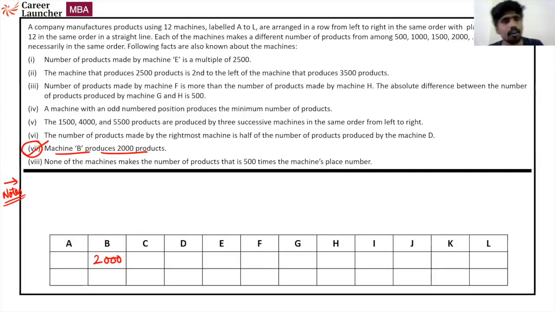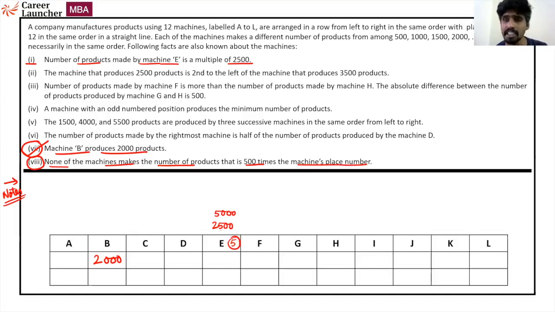Now let us look at what other points are available. Point 1 states that the number of products made by machine E is a multiple of 2500. So machine E will either produce 2500 goods or 5000 goods. There are only 2 available with us. But if you look at point 8, this point is interesting. None of the machines makes the number of products that is 500 times the machine's place number. The place number of machine E is 5.